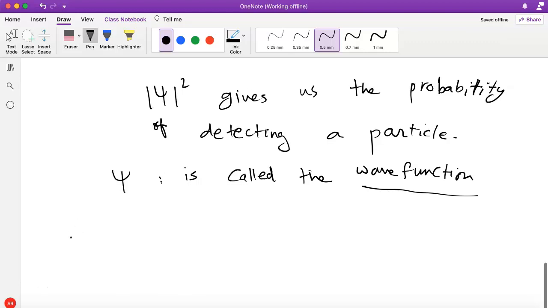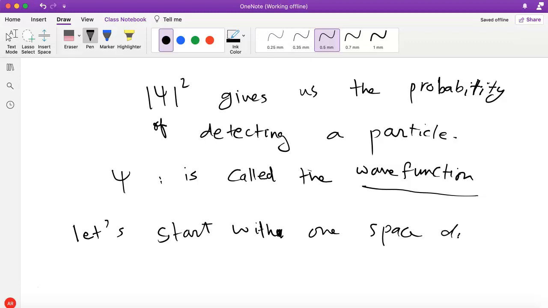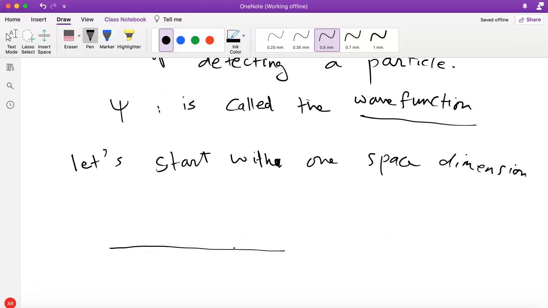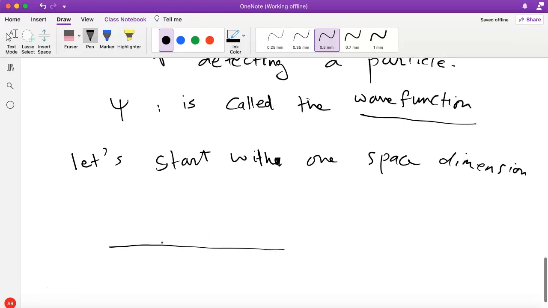So for simplicity, let's start with one space dimension. So if you think about particles hitting on a one-dimensional line, and then you have a wave function as a function of position x on this line, then for every point the probability is always 0 because there's no length there.